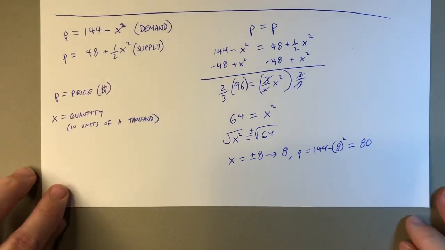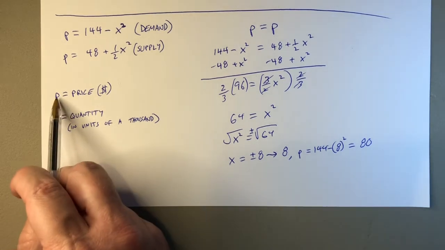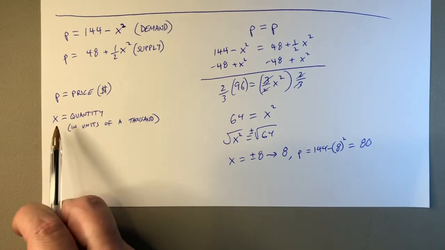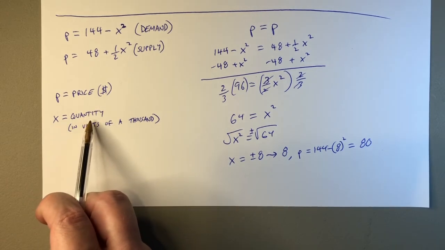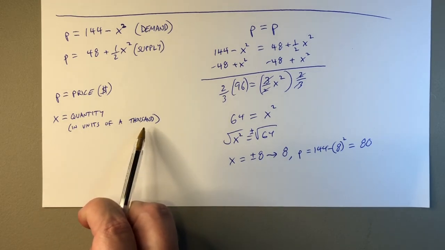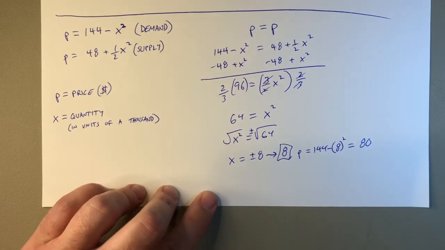Before I go any further, I need to remember to read the question. P represents price in terms of dollars, and X represents the quantity of tires in units of 1,000. This is important, so this really is not your final answer.